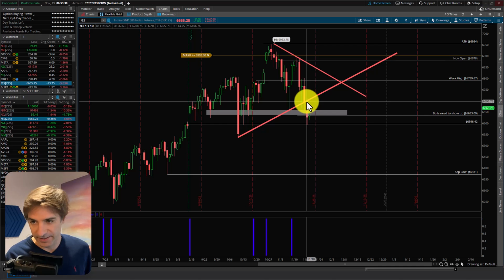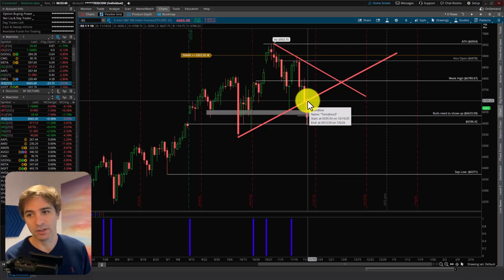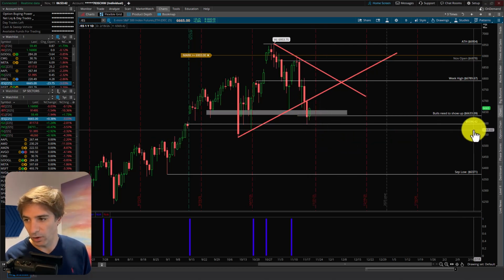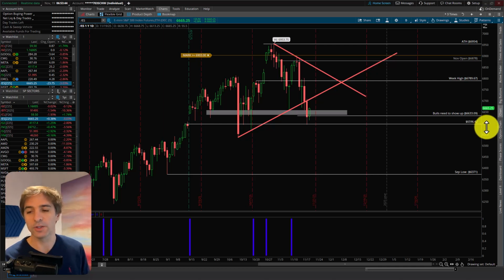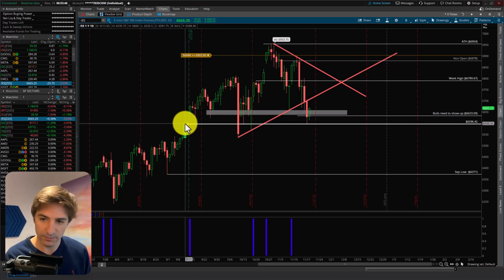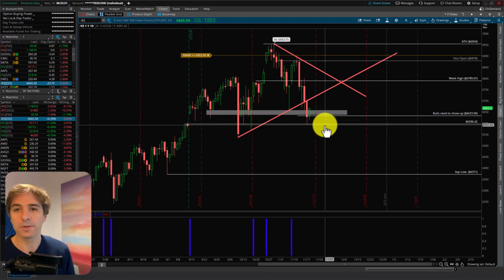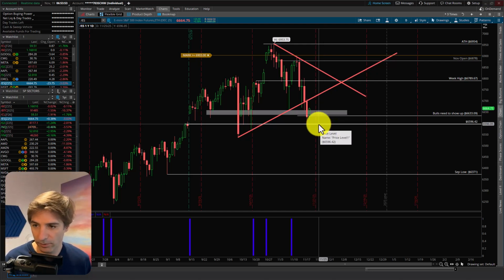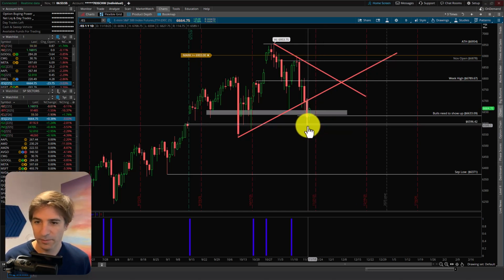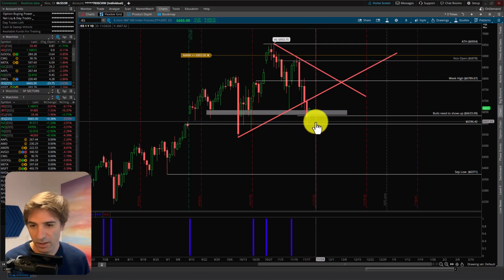Yesterday, it tested the base of this triangle, rejected it, and went all the way to 6,600, which is this level, the high, right? You can see this line was already there before it touched it.